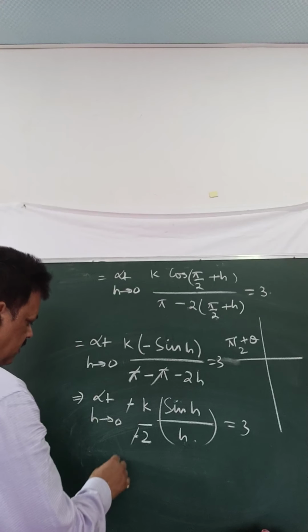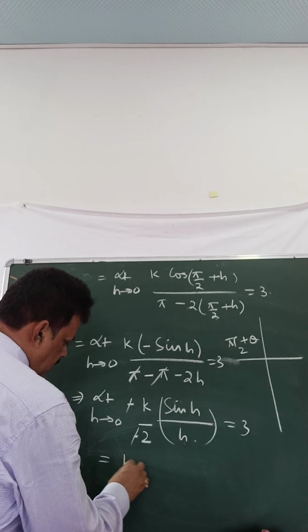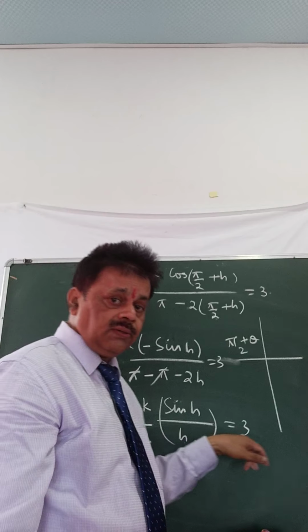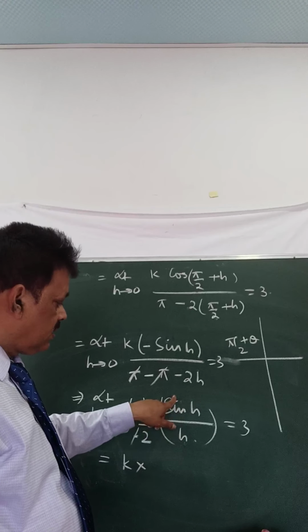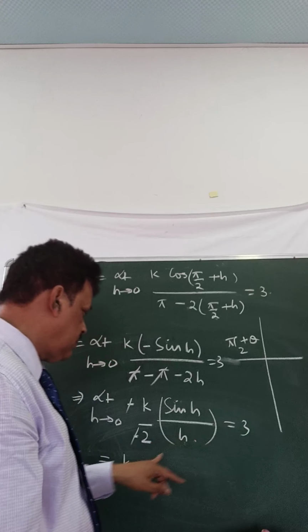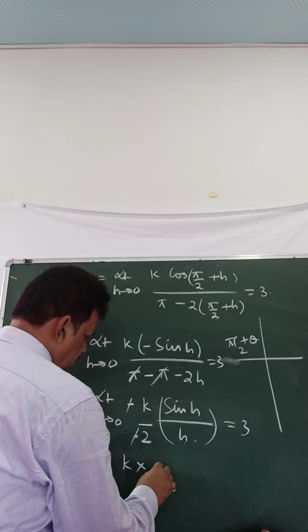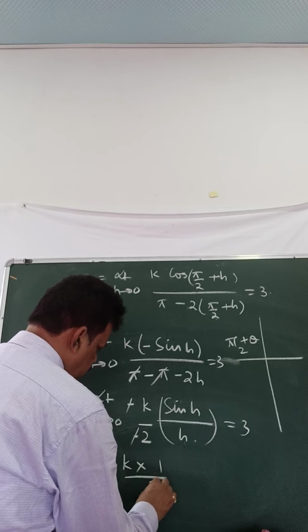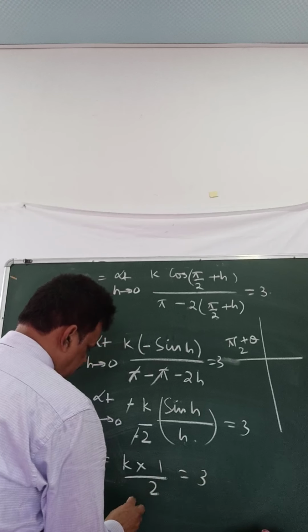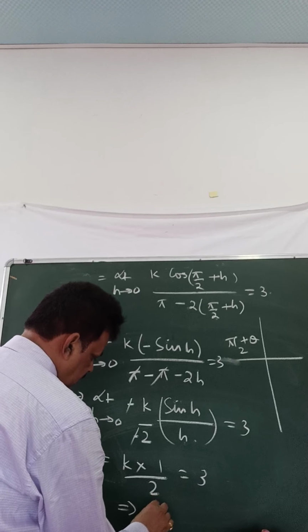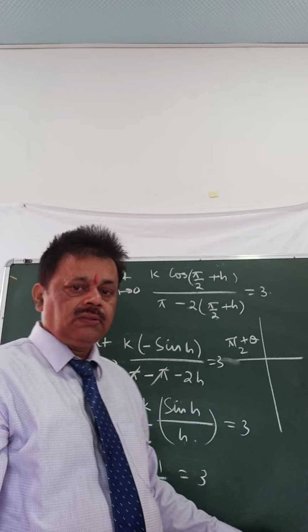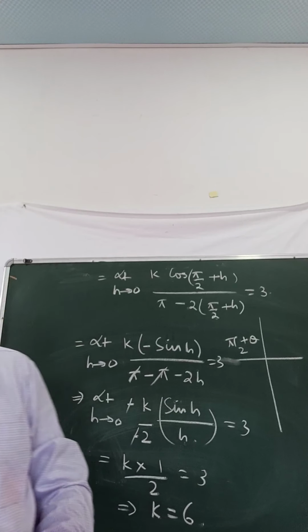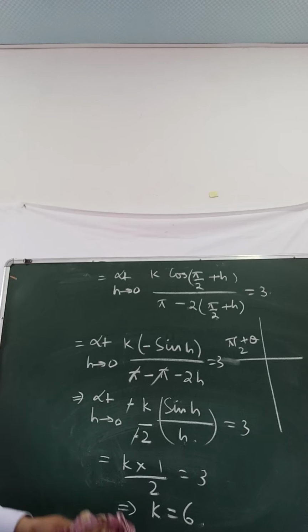So you are getting k into sin theta by theta, which is 1. So that will be k into 1 upon 2 equals 3. This implies k equals 6. K equals 6.